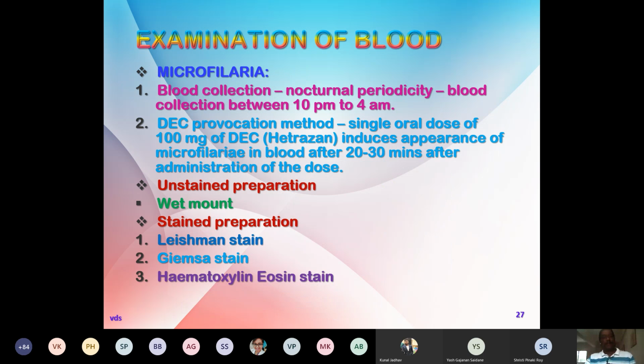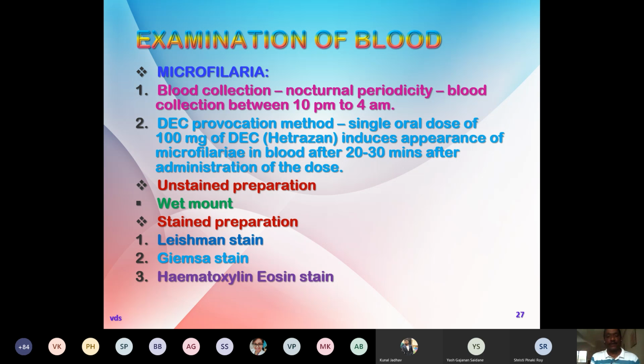In microfilaria, as we have seen previously, because of nocturnal periodicity, blood is collected between 10 p.m. and 4 a.m. Another important feature: if you are not able to collect the blood during this period and want to collect it during the daytime, we provoke the parasite to come into the peripheral blood by giving DEC provocation, that is diethylcarbamazine, Hetrazan.